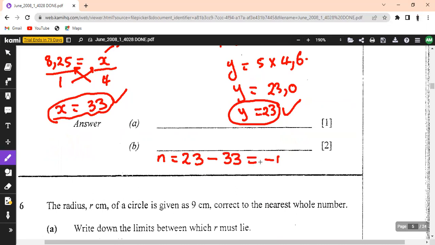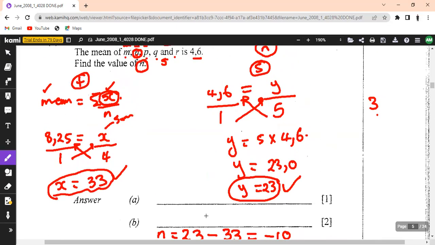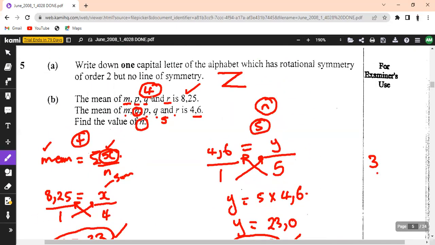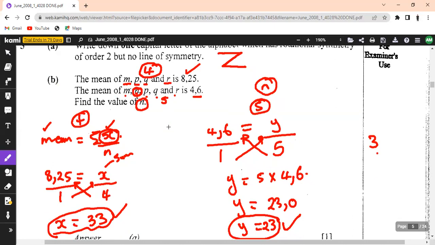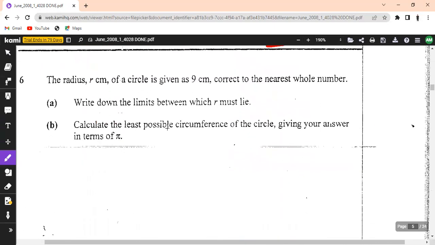If we subtract this, we are going to obtain -10. It's not about bigger number minus smaller number. No, it's the sum of many terms minus the sum with the fewer terms, so that you obtain the term that you added to these 4 terms so that they become 5. Okay, so that was it there.